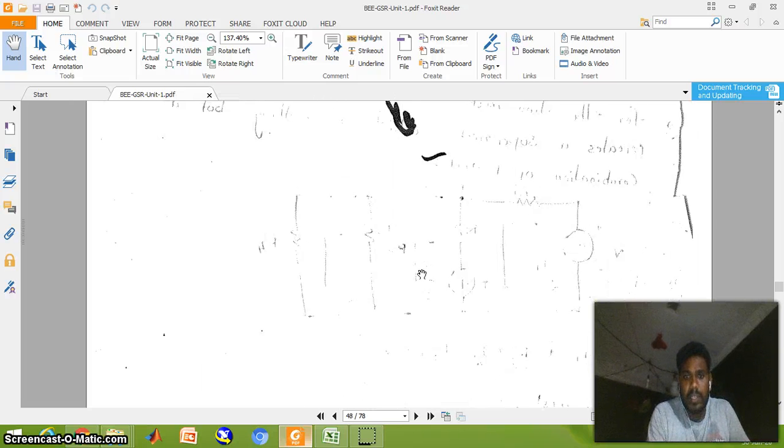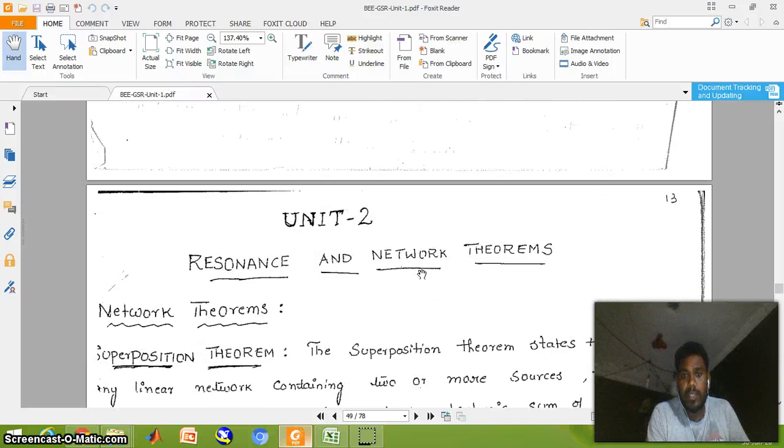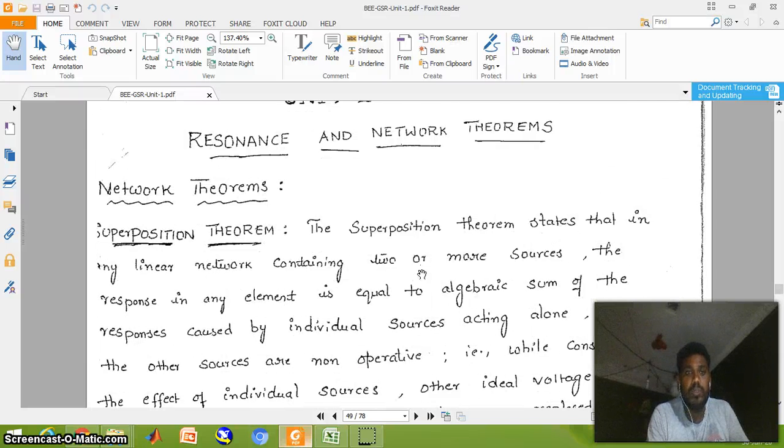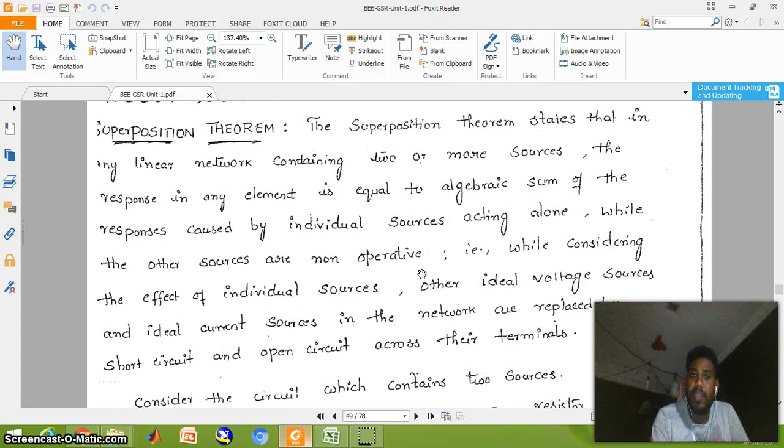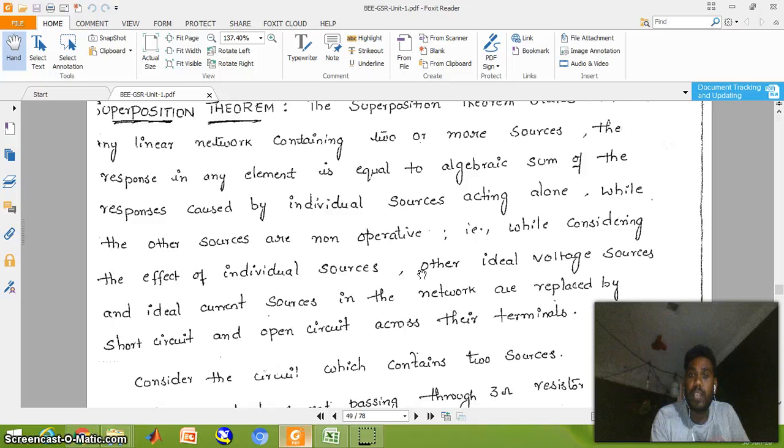Next, network theorems. So the first theorem is the superposition theorem. The superposition theorem states that in any linear network containing two or more sources, the response in any element is equal to the algebraic sum of the responses caused by individual sources acting alone, while the other sources are non-operative, initially at zero position.